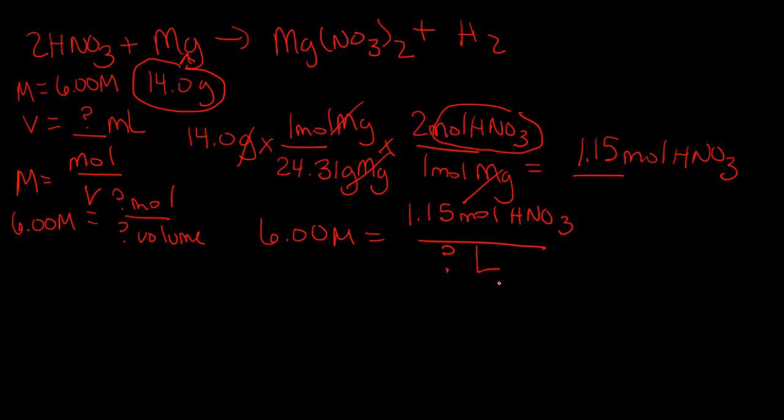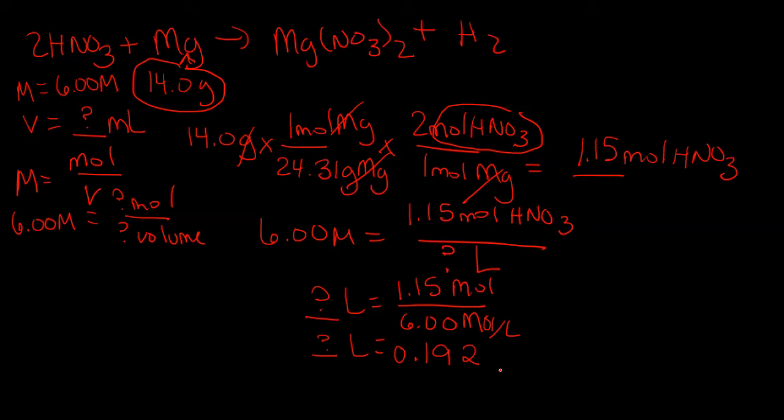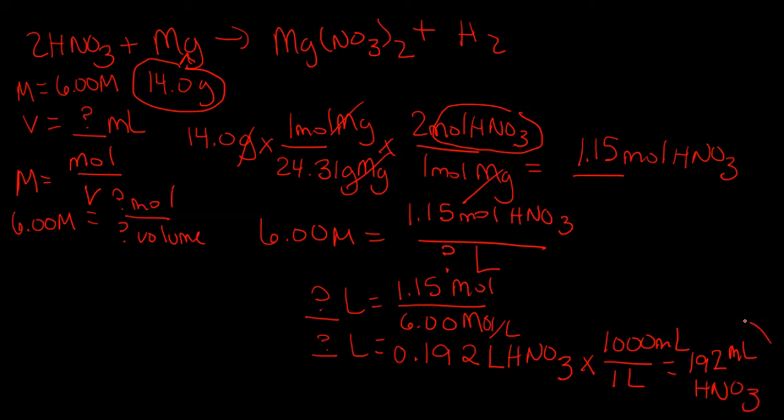Let's isolate our variable: 1.15 moles divided by 6 molarity, which is moles per liter, gives us 0.192 liters of nitric acid. That's great, we're almost done. We're not done yet, though, because the question asked for milliliters. So we convert to milliliters, 1,000 milliliters in a liter, and we have 192 milliliters of nitric acid, and we're done.